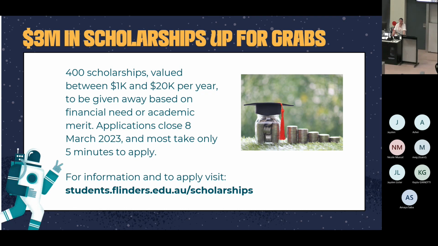So everyone's eligible to apply. Applications close on the 8th of March, so you've still got time if you want to consider putting an application in and see if you can succeed. We have been told that it only takes 5 minutes to apply, so it's not hugely complicated. We rely on that advice because I'm not going in to apply myself, so I don't know. But I hope for all of you it is a really simple process if you're interested.